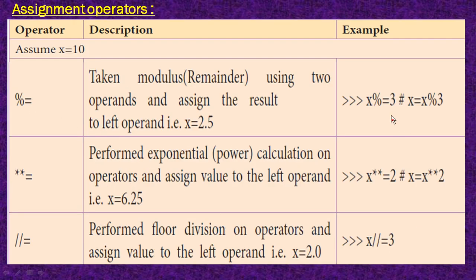Another one, x modulo equal to 3 means x equal to x modulo 3. Asterisk equal to: x asterisk equal to 2 means x equal to x double asterisk 2. Double slash equal to: x double slash equal to 3 means x equal to x double slash 3.